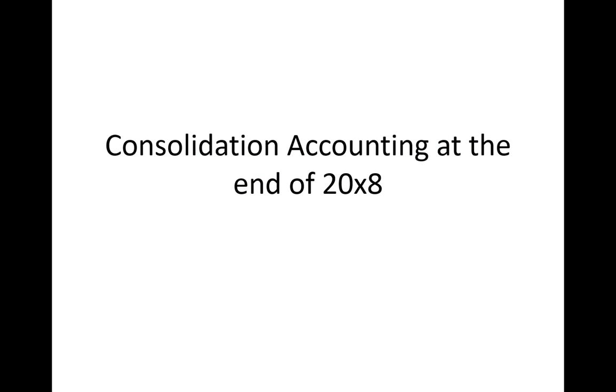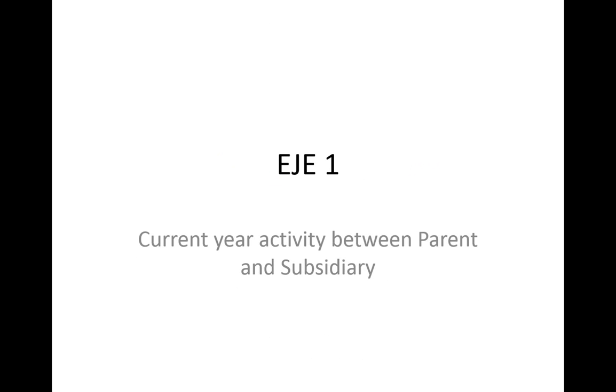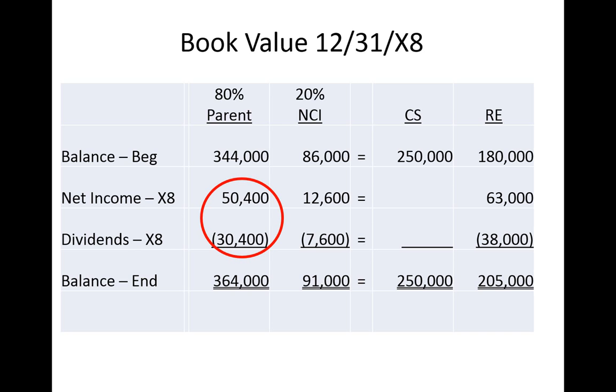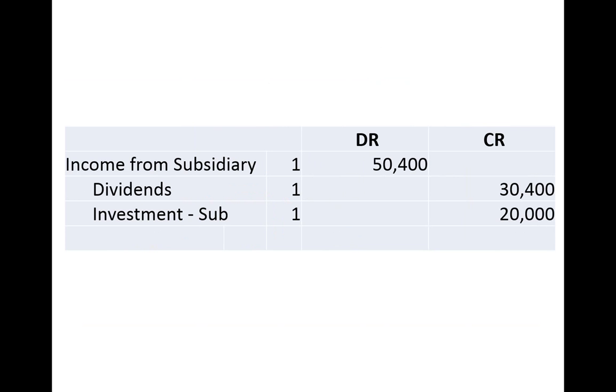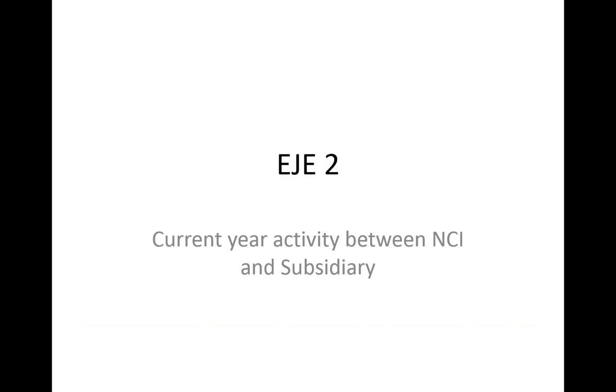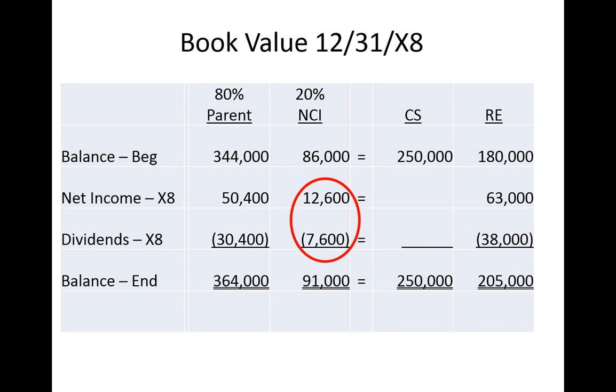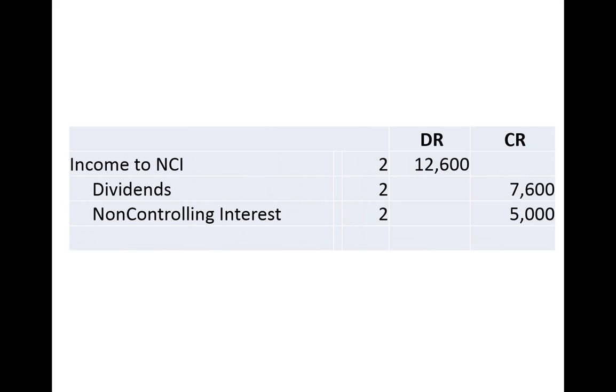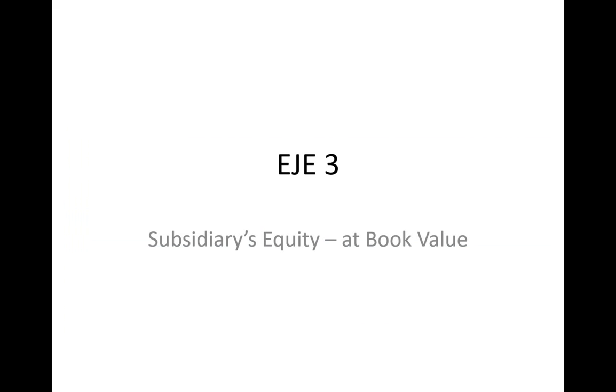Let's look at the consolidation accounting that relates to X8. I'm going to go through EJE 1, 2, and 3. You can review those on your own if you need to, but here they are. If you need them, we've got the book value schedule, gives us the current year activity. It also gives us the NCI values and the sub's equity.